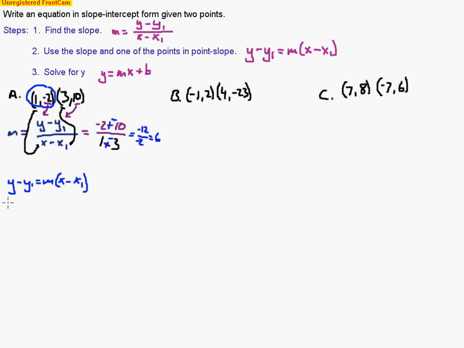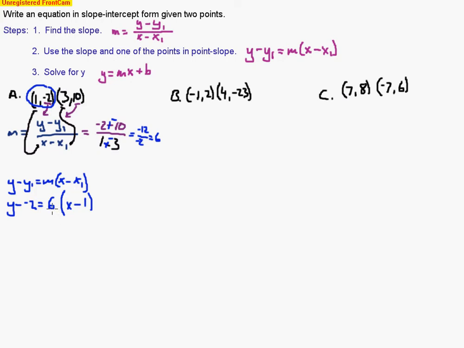So I'll rewrite this as y minus -2 equals the slope, 6. 6 is the slope. And then x minus, now I take the x value here of 1. And again, if you used 3 and 10 in place of 1 and -2, you'd still come up with the same answer. So let's go ahead and simplify this.